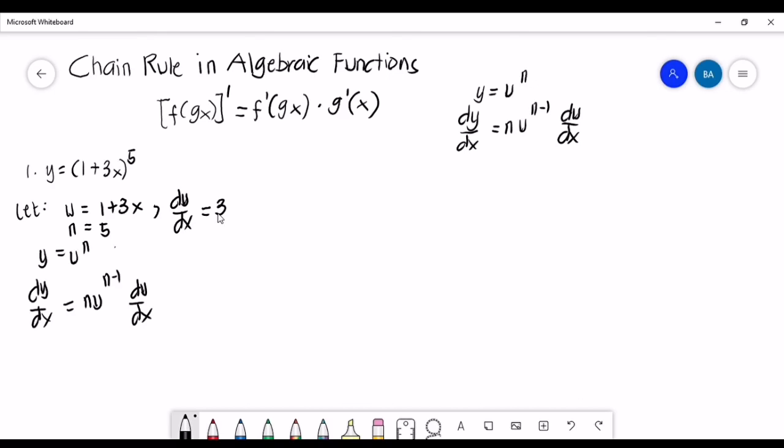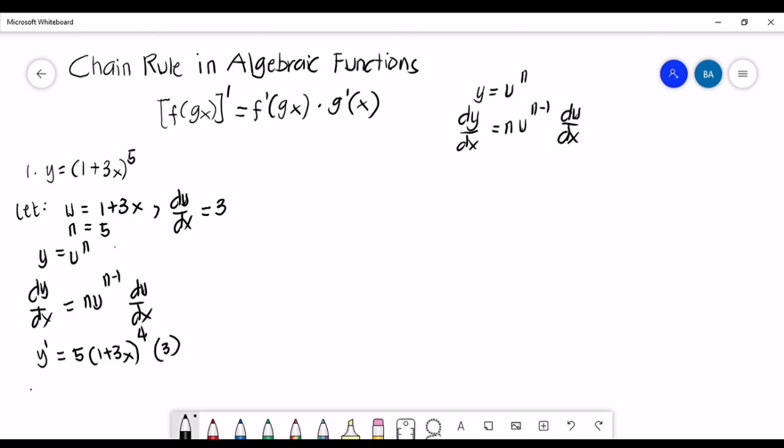We already found their values, and we are now going to substitute in our equation, or in this theorem. So we can now say that our y prime, or dy dx, is equal to 5, our n is 5, u natin is 1 plus 3x raised to n minus 1, so that is 4, and then our du dx is 3.